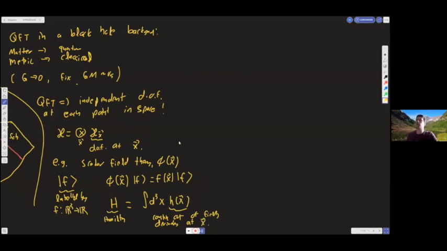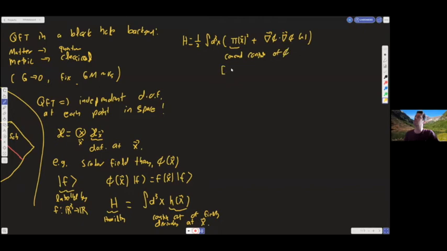So for example, for a scalar field theory, we could consider a free scalar field where we integrate d cubed x of pi of x squared plus nabla phi dot nabla phi of x over all of space, where this pi is the canonical conjugate of phi.